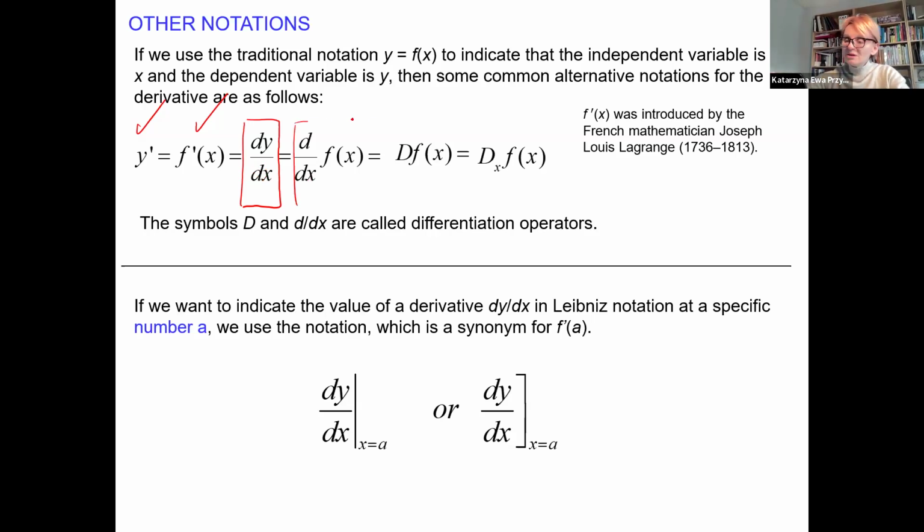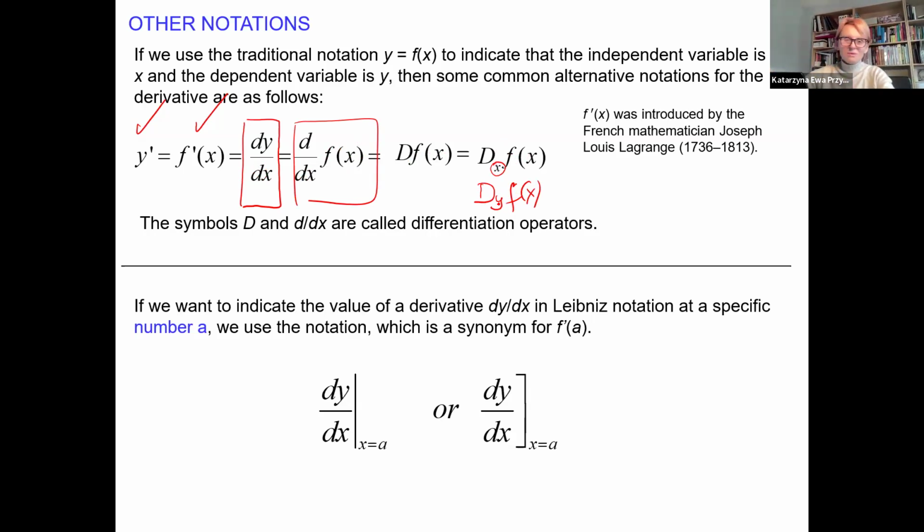This is the same as the derivative of the function f of x with respect to x. We are indicating this, more in calculus three, if you take multivariable, then we have x, y, z, and we calculate the derivative with respect to x, with respect to y, with respect to z.